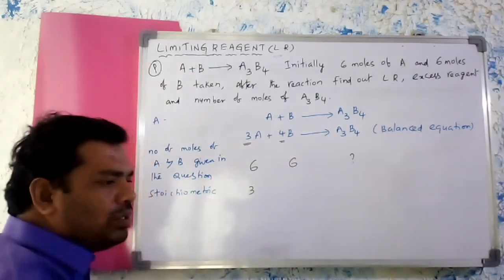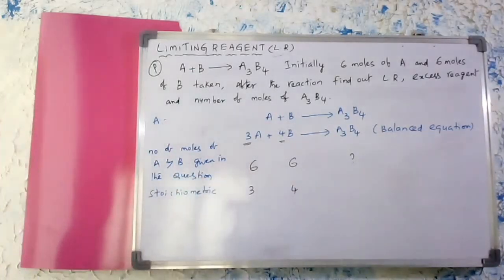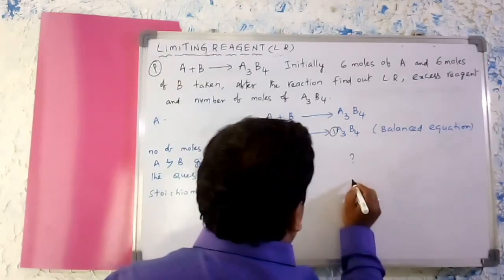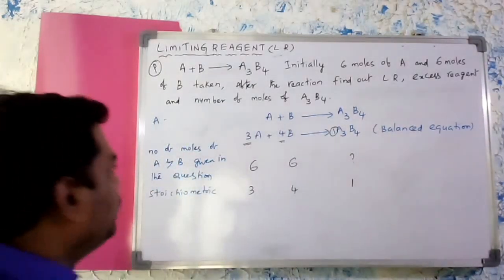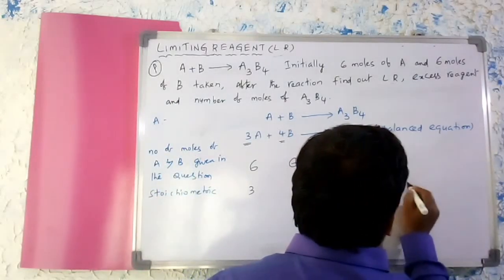So 3 moles of A and 4 moles of B react with each other and form A3B4. So here the number of moles of product is 1.